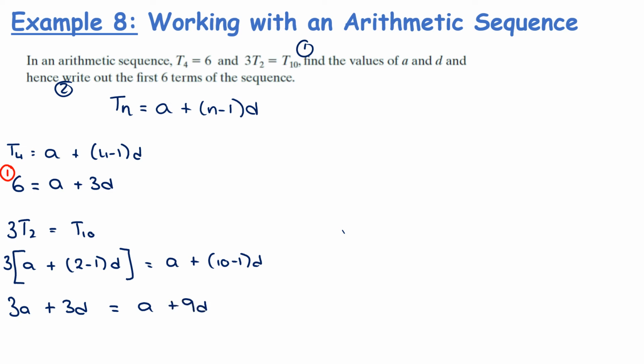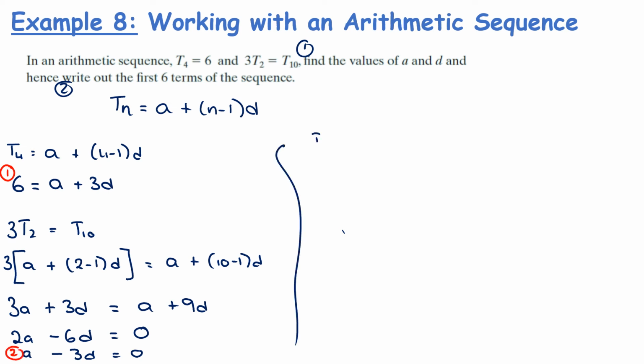Tidying this up a bit, we get 2A minus 6D is equal to 0. Dividing by 2, I get A minus 3D is equal to 0, and that is my second equation.